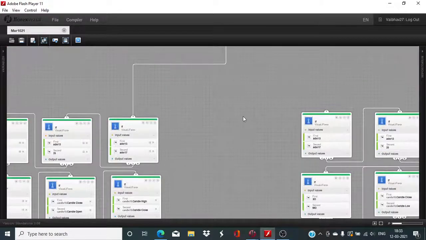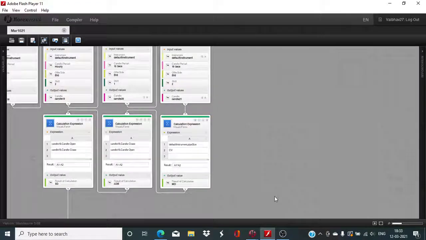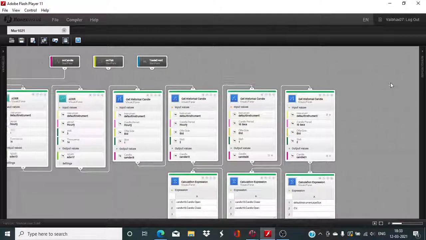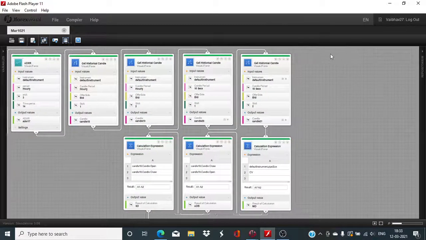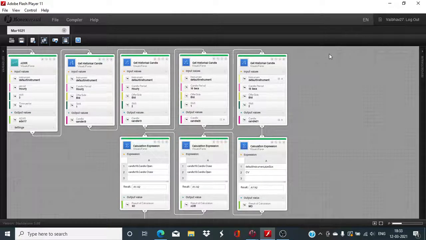Okay, now is the time to pinpoint the exact entry point for the sale order, and that is going to be when the price starts to dip below the last hourly candle closing price.